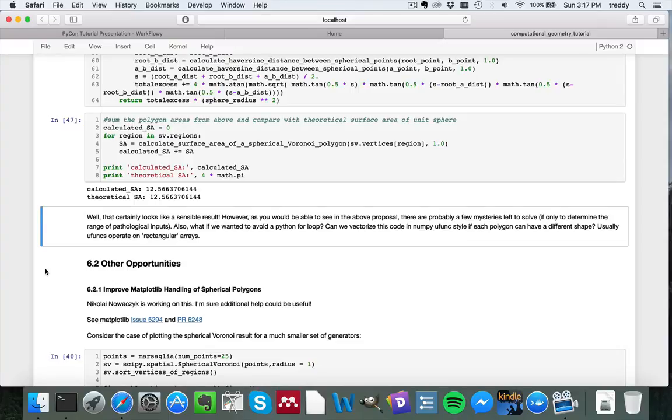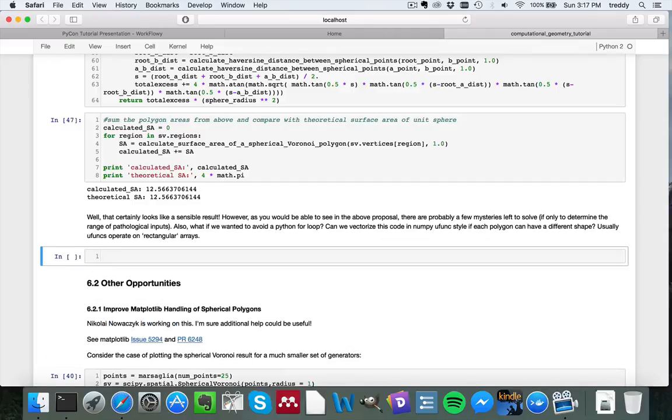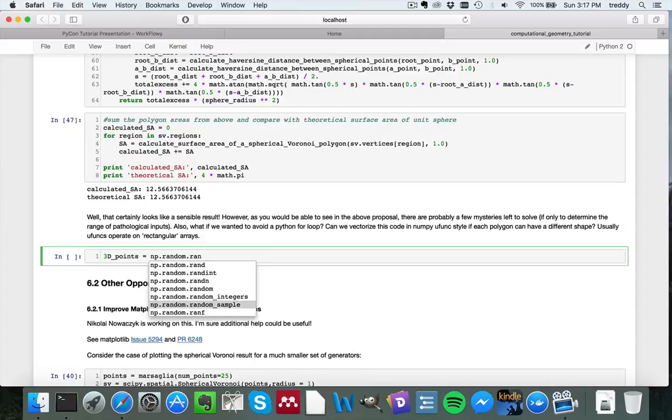The other thing I've been thinking about, and this is described in the issue for this particular code, is the problem of vectorization. Because the idea with NumPy, if you have, for example, a random set of data points, say points 3D equals numpy.random.sample, let's say 25 points in 3 dimensions.